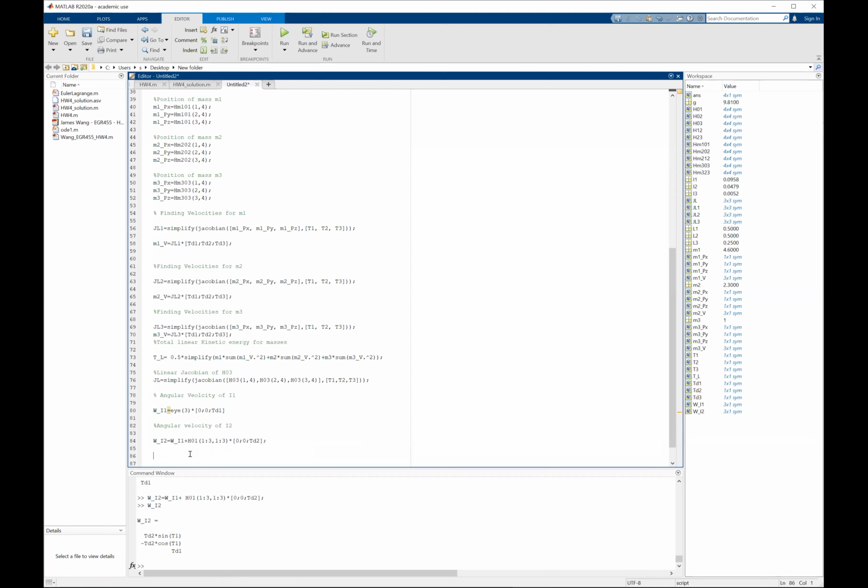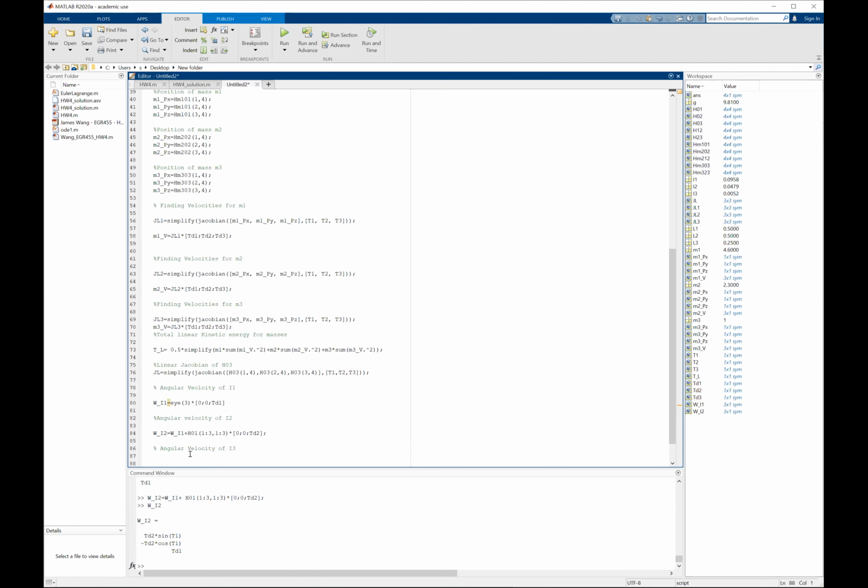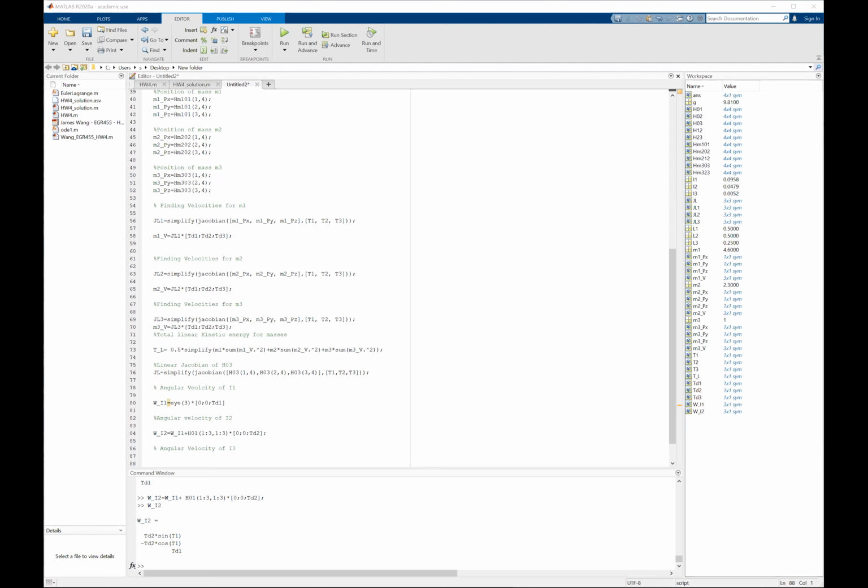Now the next part, the last part, is the angular velocity of I3. To find the angular velocity of I3, you will be doing the same mathematical jugglery on the last.